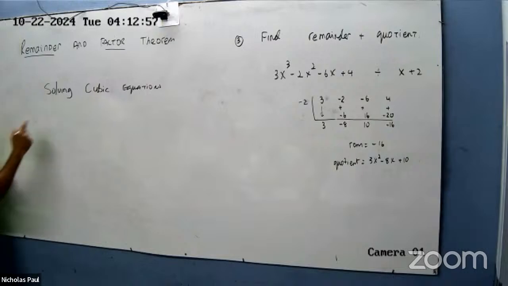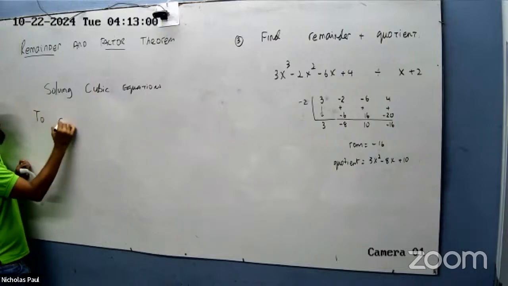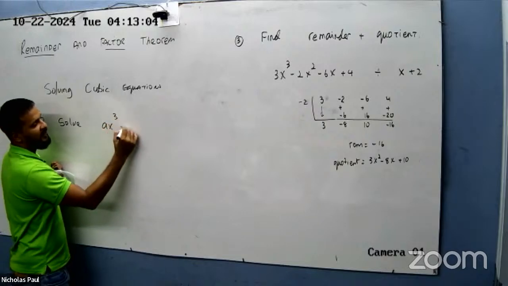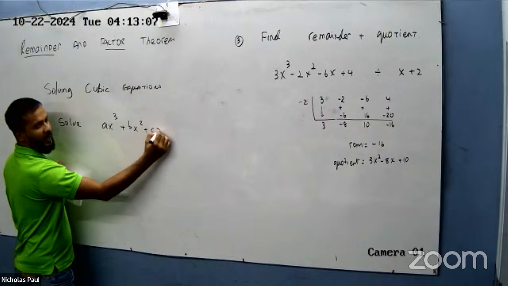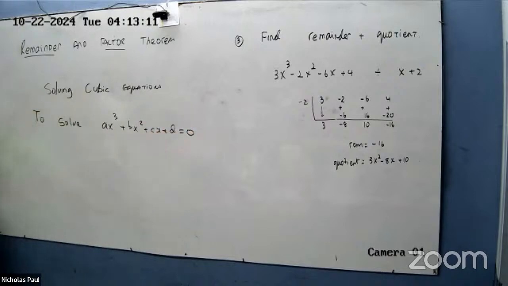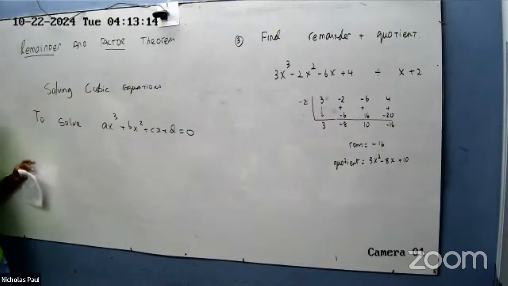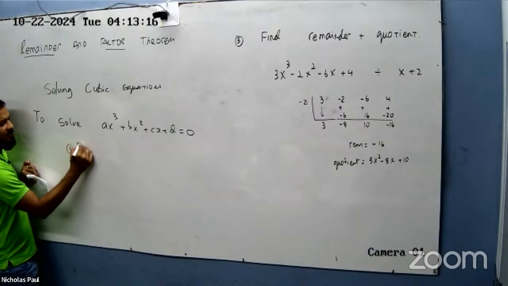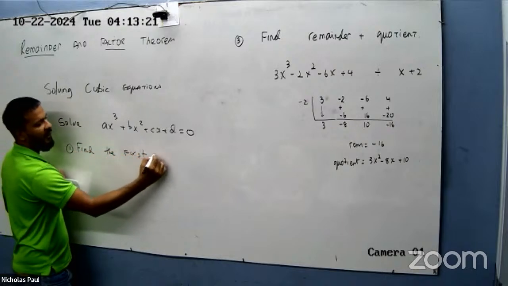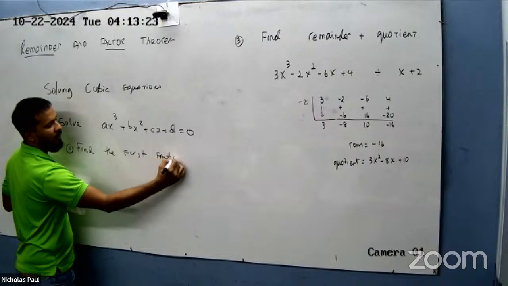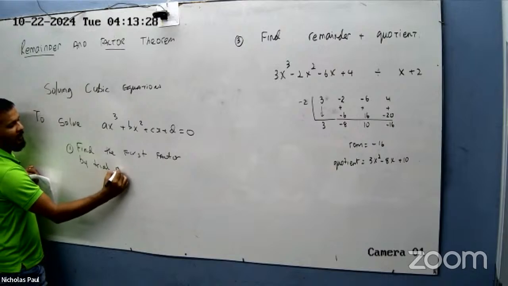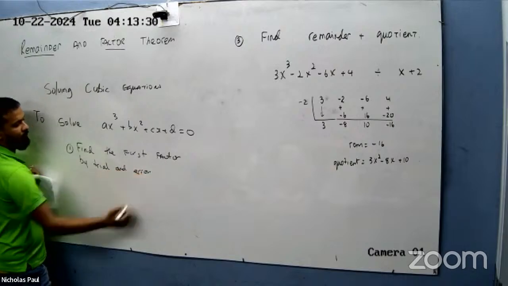So how do we solve a cubic? Let's say I ask you to solve a cubic, ax cubed plus bx squared plus cx plus d. Number one, find the first factor by something called trial and error.